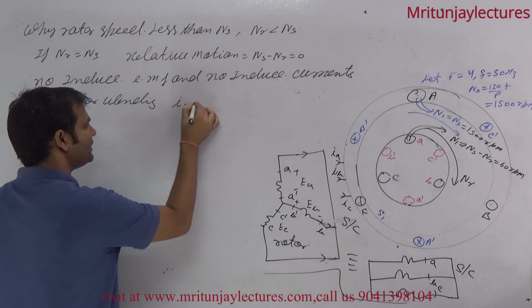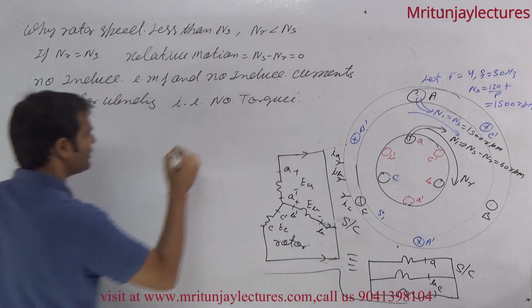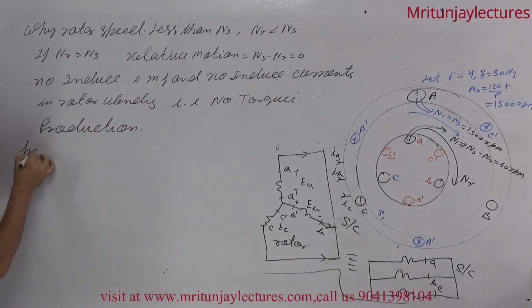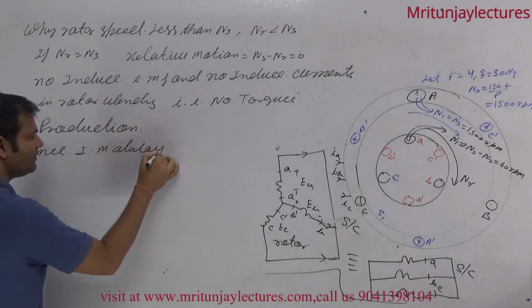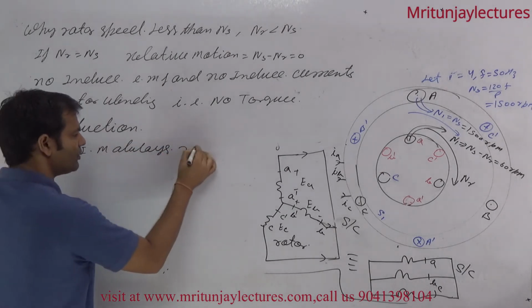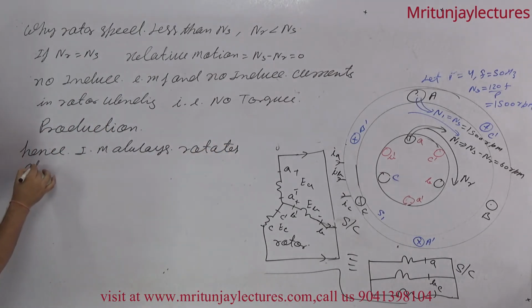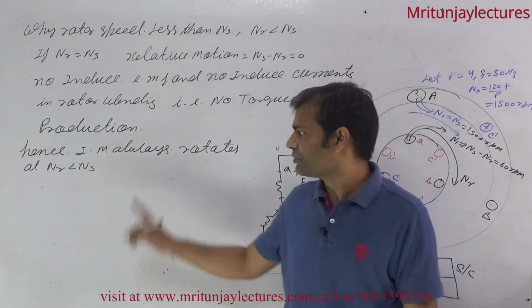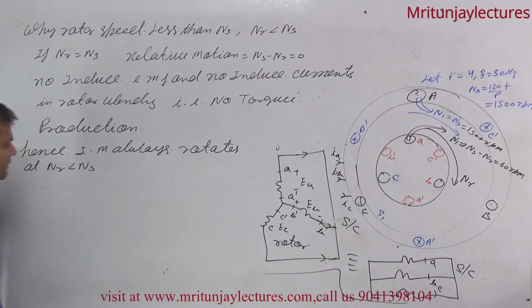And also there is no torque production. An induction motor always rotates at Nr less than Ns. Clear? Why is Nr not equal to Ns? It is always less than Ns because there is no torque production if Nr is equal to Ns. Clear? Now slip.